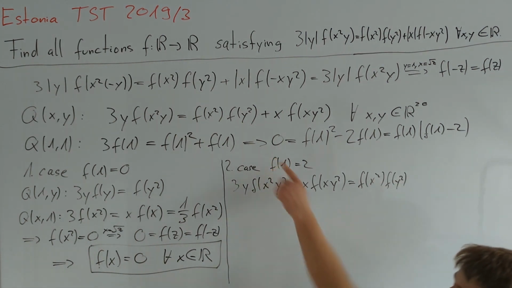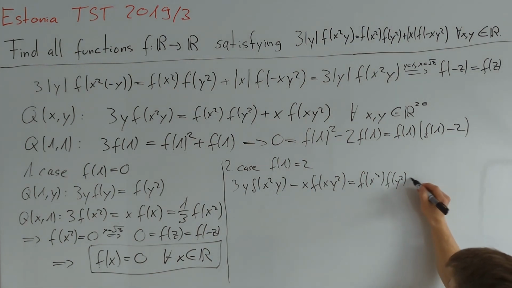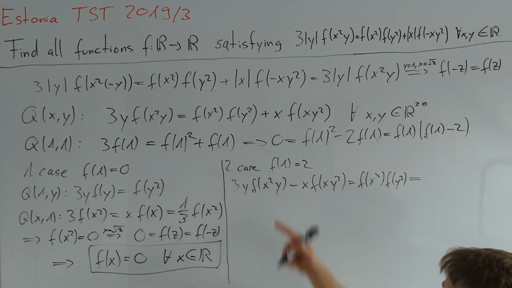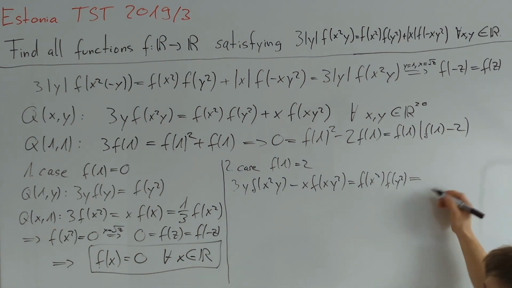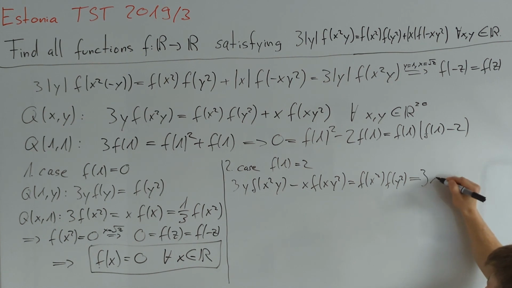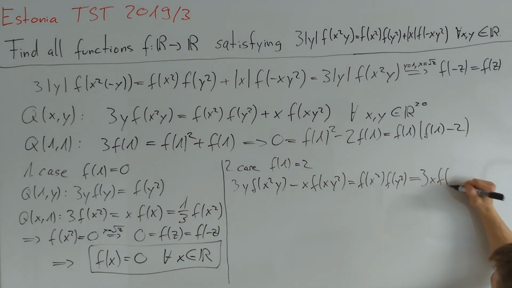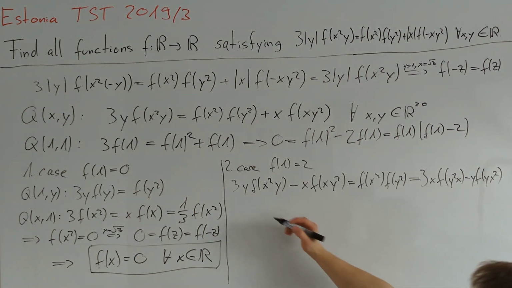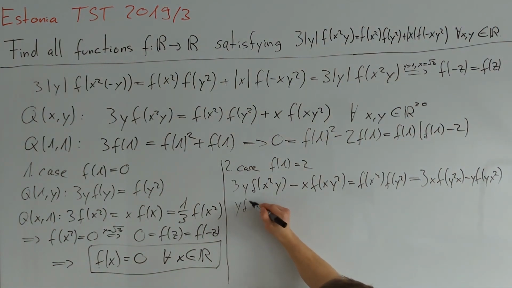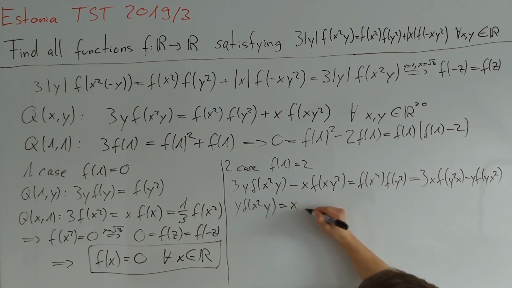This is exactly this equation here, and now we use this equation again with x and y switched, and we get that this here is equal to 3 times x times f of y squared x minus y times f of yx squared. This yields that y times f of x squared y is equal to x times f of y squared x.